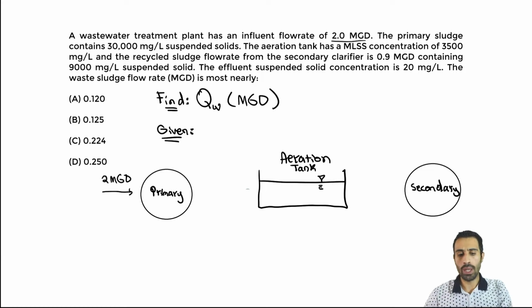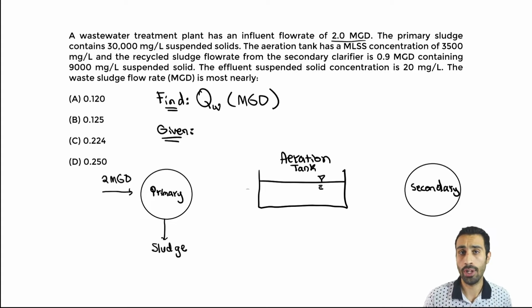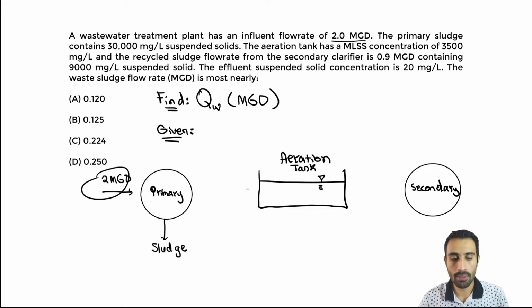So I want to note the primary actually does have some sludge that comes out at the bottom. It's like a sedimentation basin, and we have some settling, and at the bottom we do have some sludge that comes out. So what I can denote and be accurate here is, say we do have some sludge that's wasted from that primary, and it does come out at a flow rate, but that flow rate is usually so small that the 2 mgd will come in and come out.